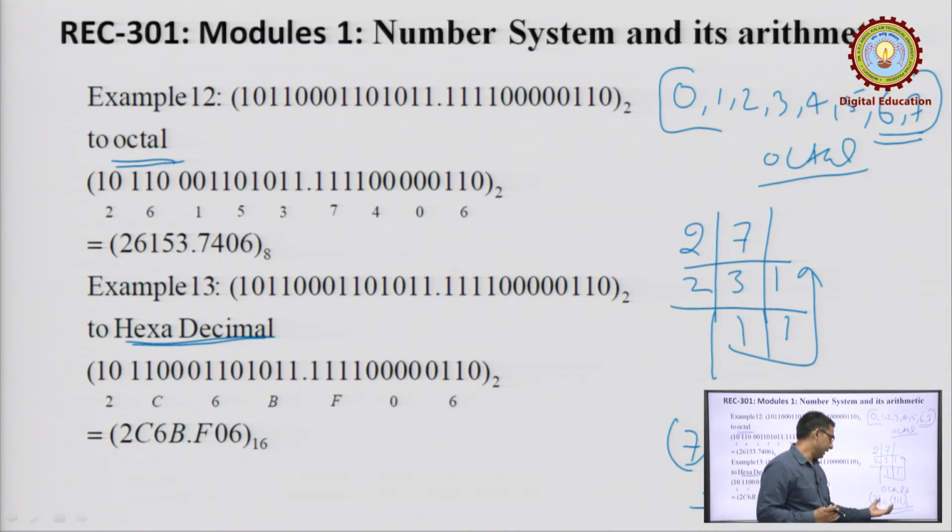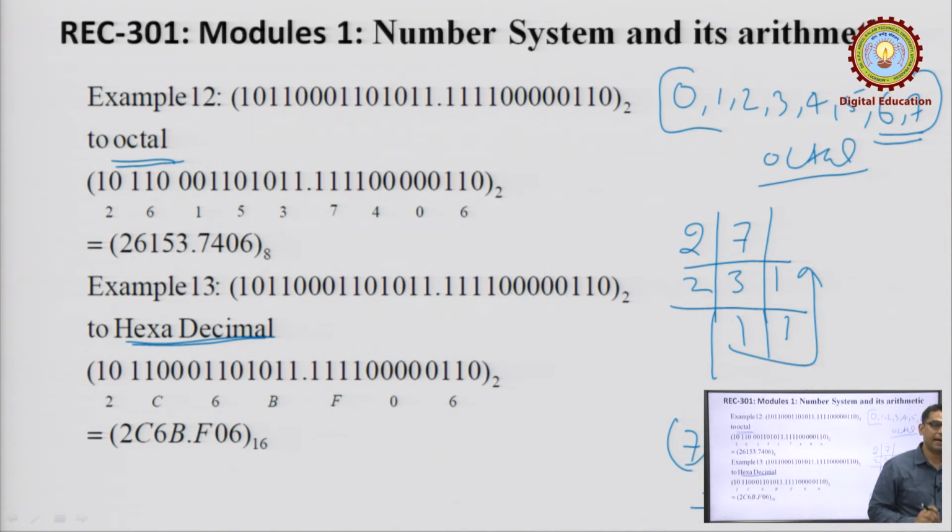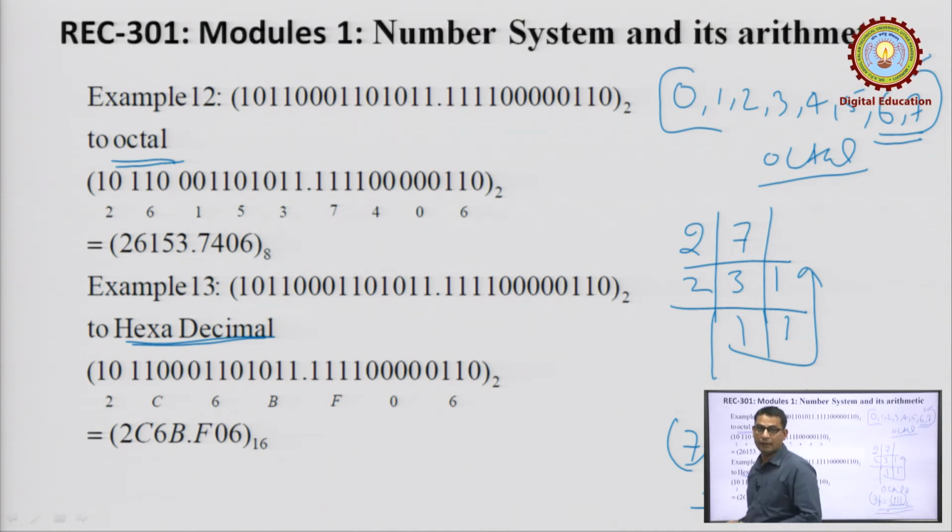What does it mean? We can conclude that any digit of the octal number can be represented by a 3-bit binary number. Because the maximum permissible digit for the octal number is 7, and 7 is just 111, we require a 3-bit binary code to represent any one digit of the octal number.